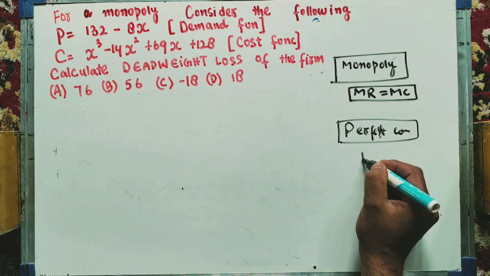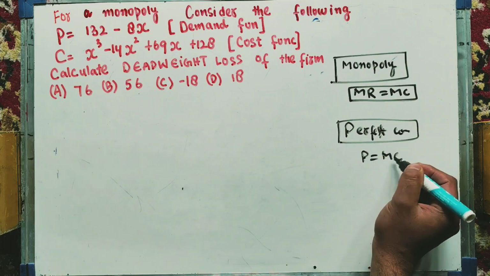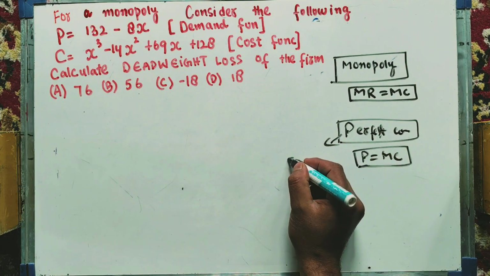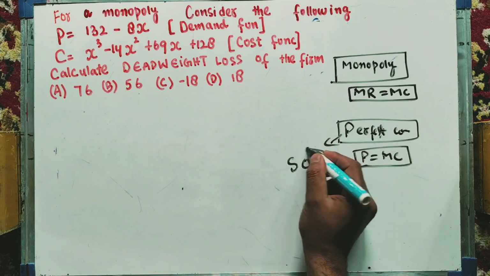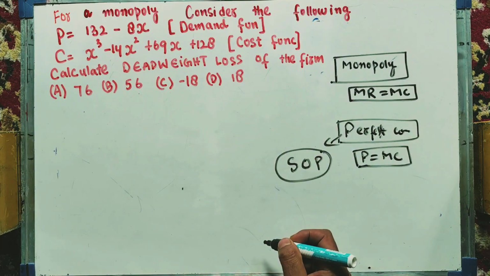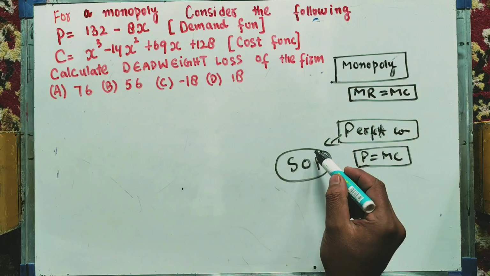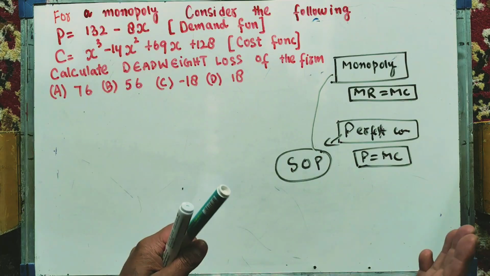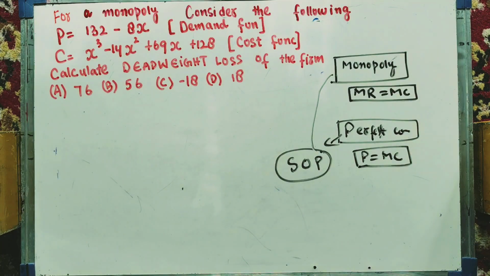The condition is price should be equal to the marginal cost. So perfect competition gives us the socially optimal point. So the difference between the socially optimal point and the monopoly point at its equilibrium will give us the magnitude of the deadweight loss. Okay, so let us see how we calculate.